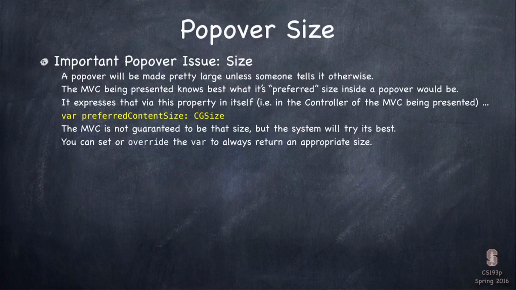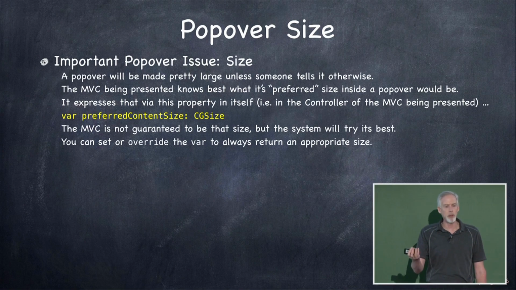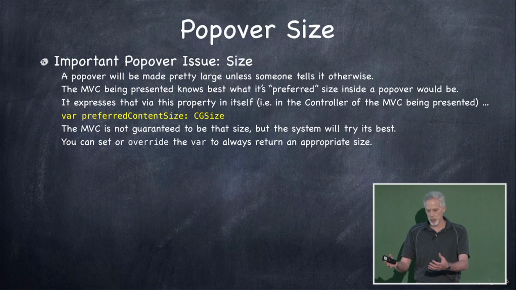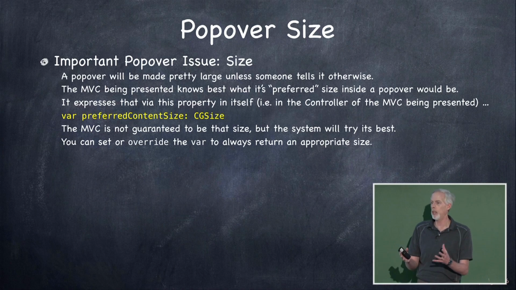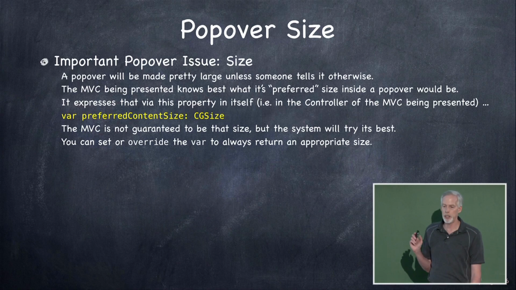All right, a very important issue about popovers is their size. iOS handles size in a very object-oriented way: when you have an MVC that's going to be put up as a popover, the system asks that MVC what size it would prefer to be, because that MVC obviously knows the best size for itself. It does that via this var called preferredContentSize. It's a CGSize.